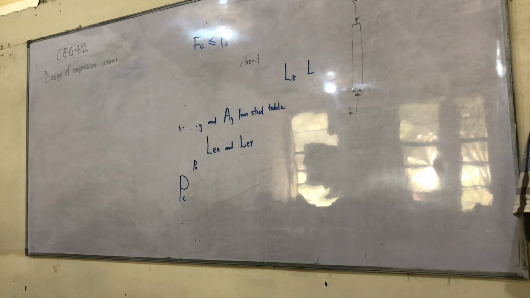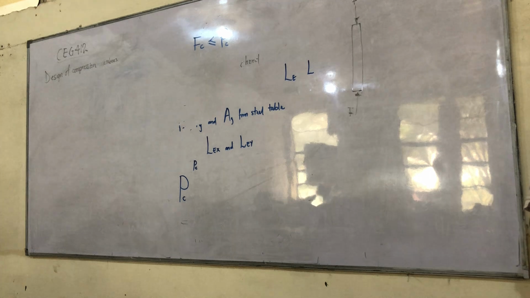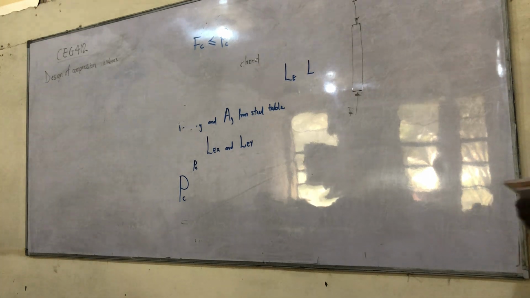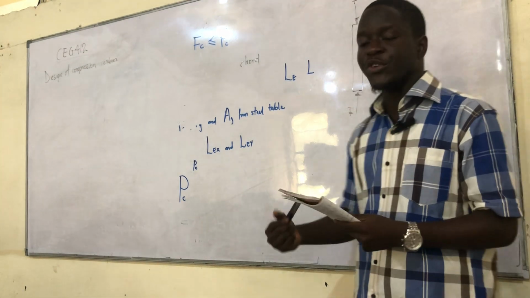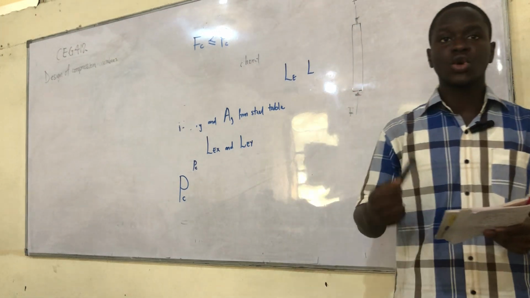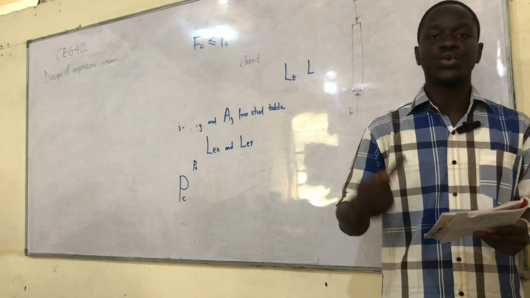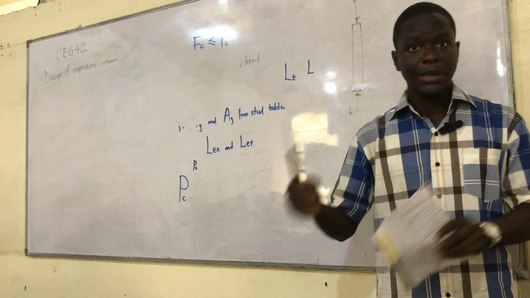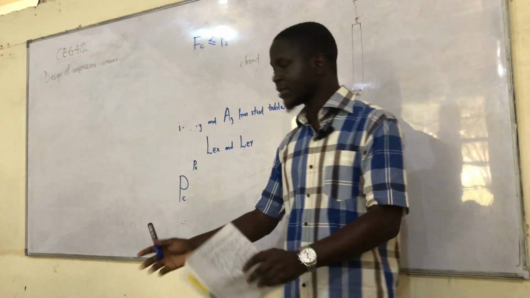Full stop. I said, assuming that both ends are fixed and preventing any rotation. Design column sections, assuming the structure will be A, braced, B, unbraced.